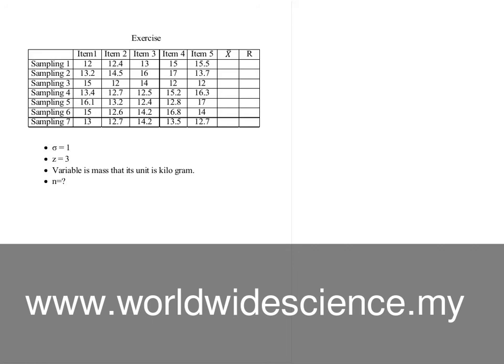Okay. After calculating range for each of the samplings, we must calculate R bar or average of range. R bar is the sum of these seven ranges divided by seven.